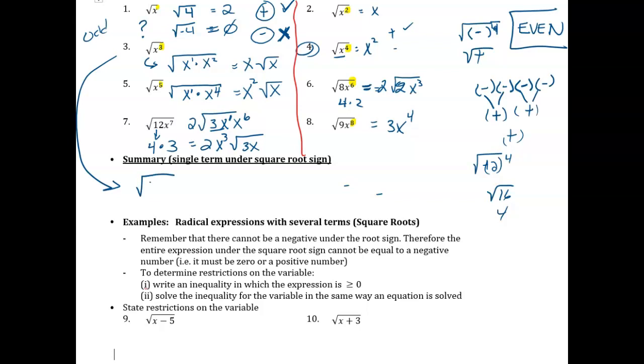If you had 4 to the power 3, then you can work that out. You'd have 4 times 4 times 4, 64, and the square root of 64 is 8.